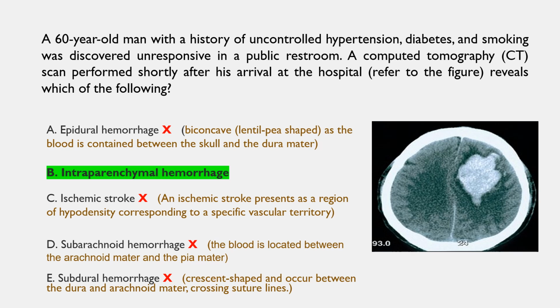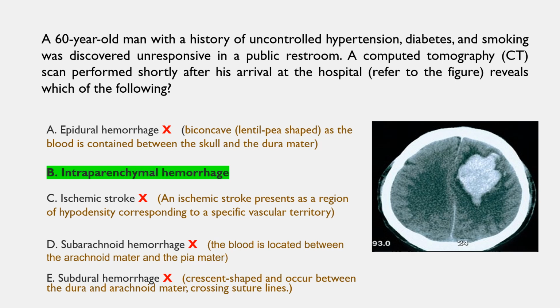A. Epidural hemorrhage, they appear as biconvex lentil or pea-shaped, as the blood is contained between the skull and the dura mater. C. Ischemic stroke is incorrect, as in ischemic stroke, it presents as a region of hypodensity corresponding to a specific vascular territory.